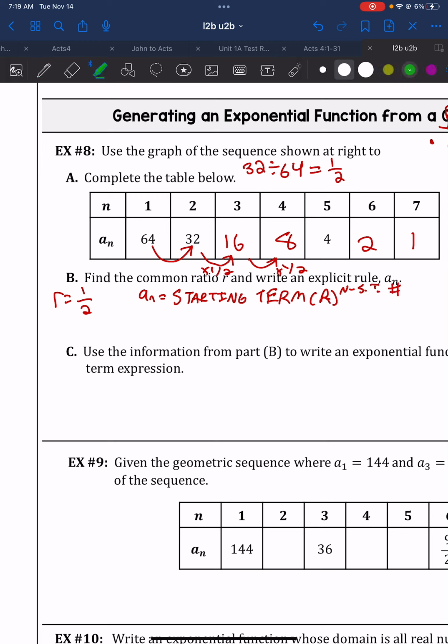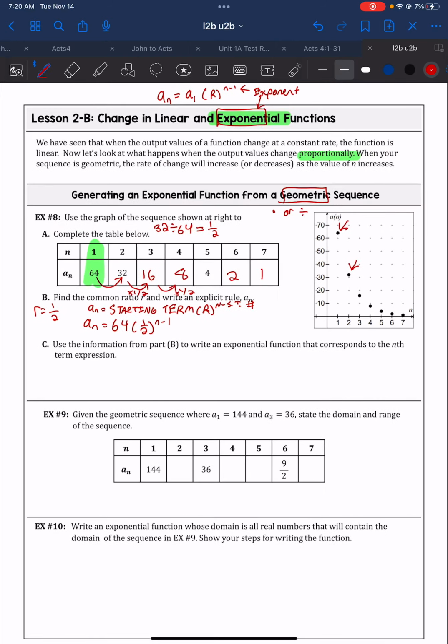And most of the time when we're given one like this, we're just going to start at term 1 as I highlighted there. So I'm going to write this as a sub n equals 64, my ratio 1/2, to the n minus 1 because I started at my first term. Okay. Now, you can rewrite this. It just depends on what it wants you to write.